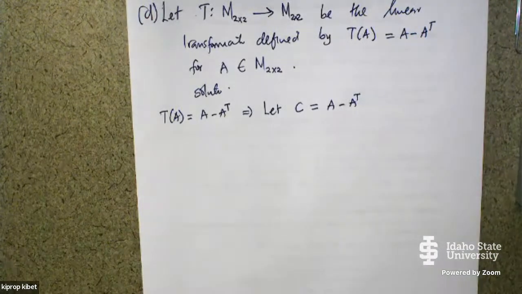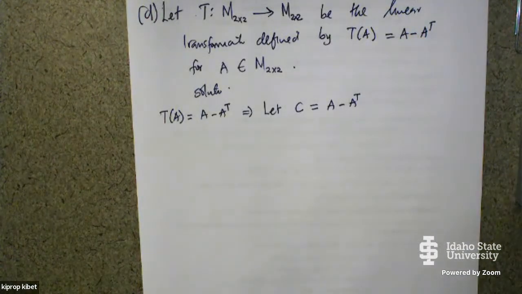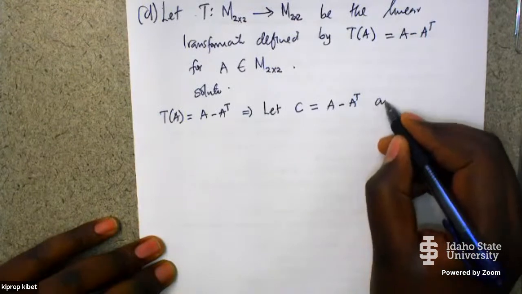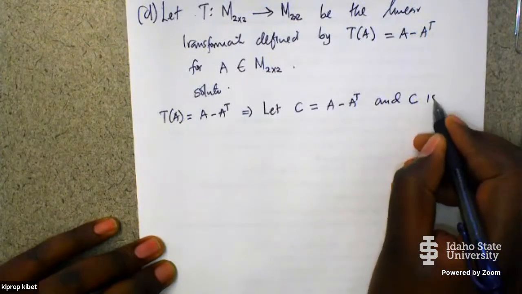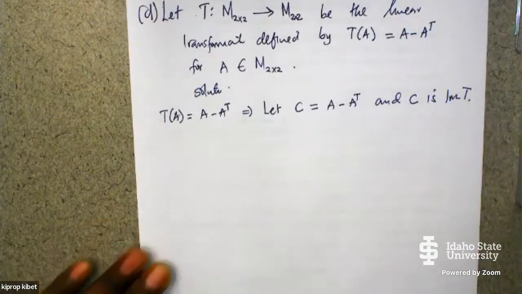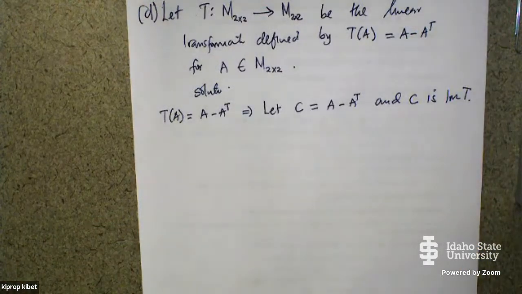And this C is the image. So we can let C be in the image of T.